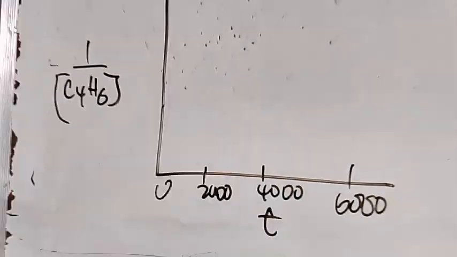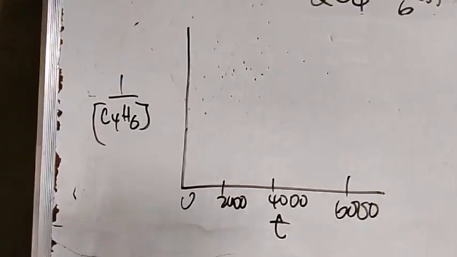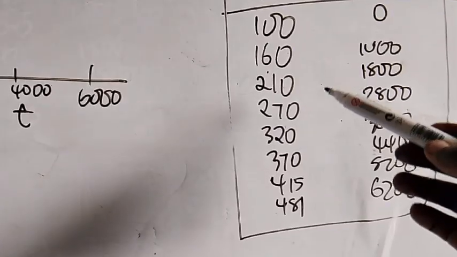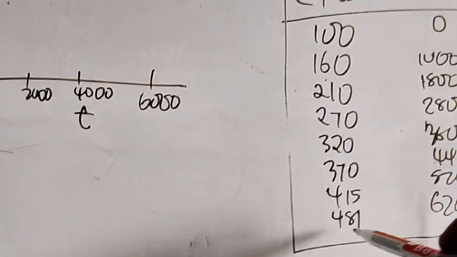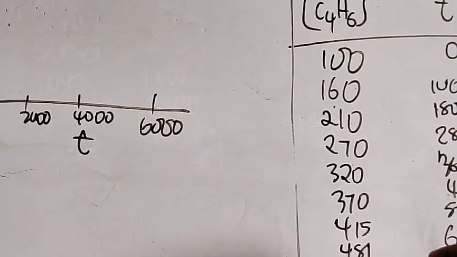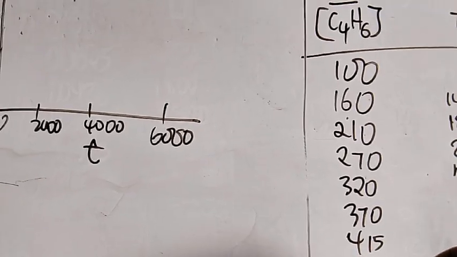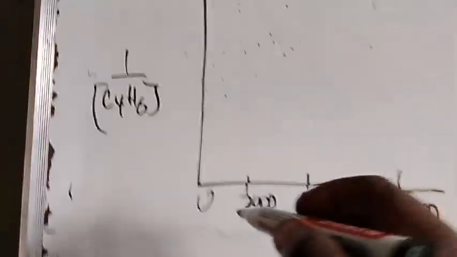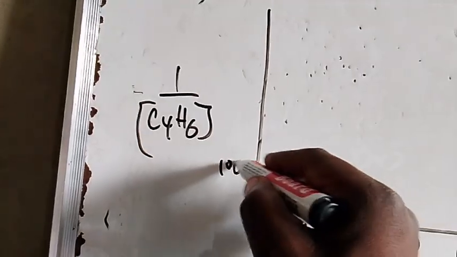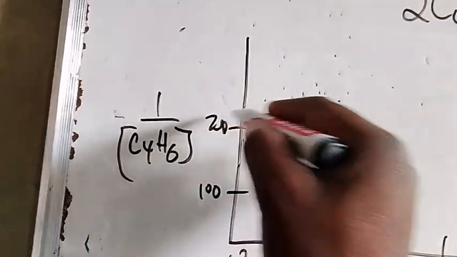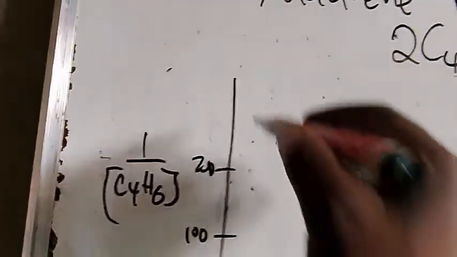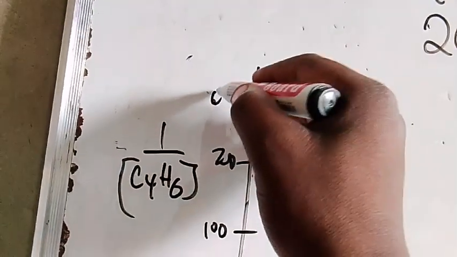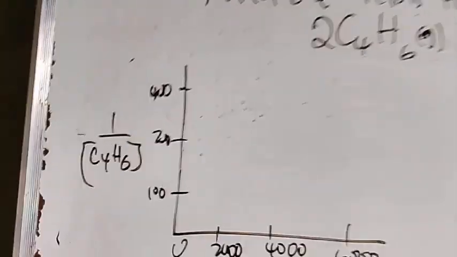You come up with a scale. The inverse concentration goes from 100 to 481, so maybe 100, 200, 300, then 400.